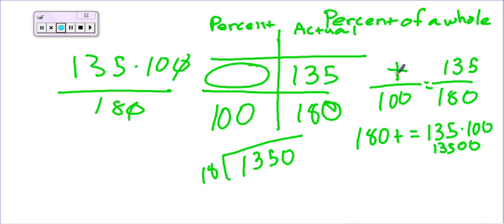What other number could we figure out right now? The actual. We could figure out the top number, couldn't we? What's 180 minus 135? 180 minus 135. 145. Be 45. Oh, 45. It'll be 45.